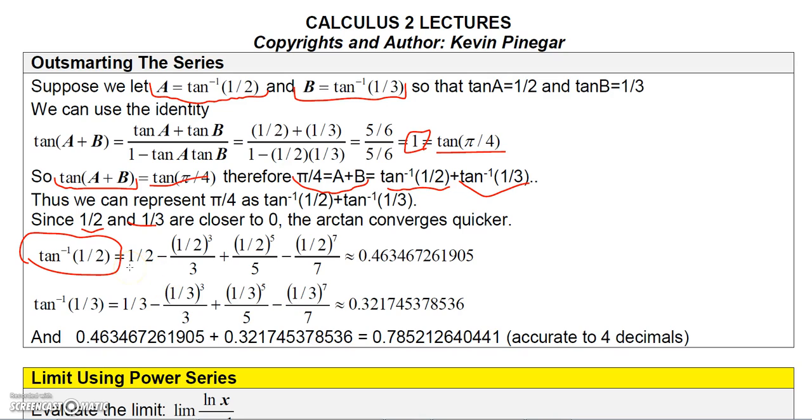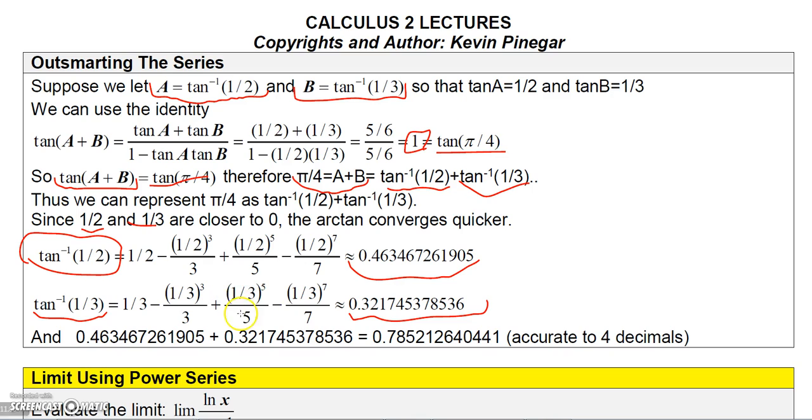So if I plug 1/2 in for x, then I get 1/2 minus 1/2 cubed over 3 plus 1/2 to the 5th over 5 minus 1/2 to the 7th over 7. Now I just calculated those 4 terms and got 0.46346726195, and then I did the same thing for x equal 1/3, and when I evaluated the first 4 terms for that, I got 0.3217, and so on.